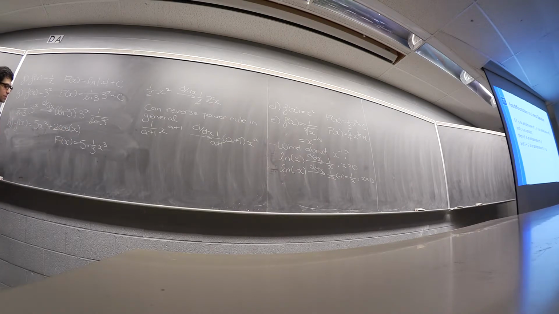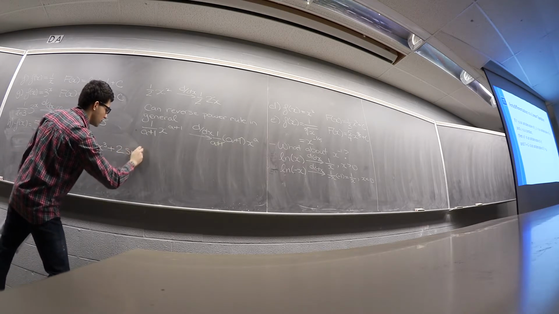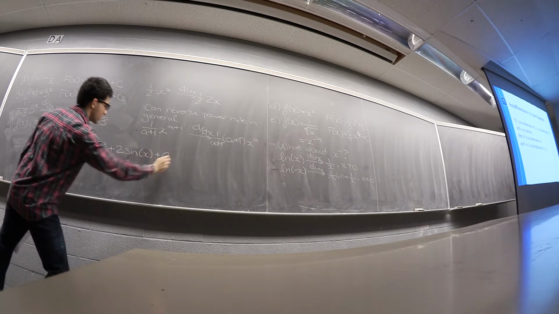Then we look at the next piece. What has derivative cosine? Sine. So the answer is just plus 2 sine x, plus an arbitrary constant.